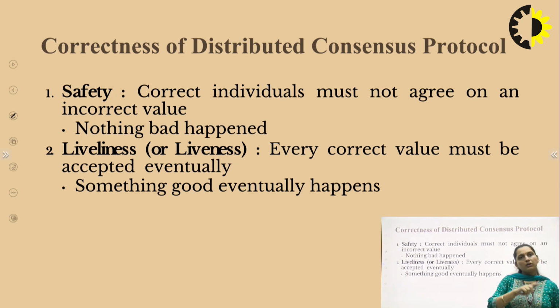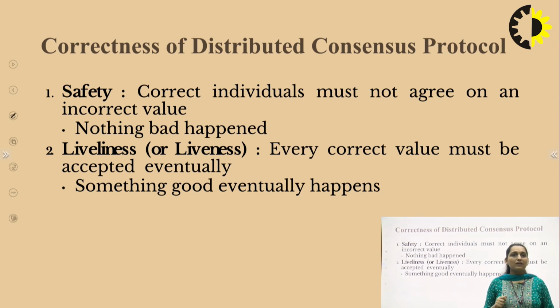In a distributed or decentralized architecture, we do not agree on incorrect information. If we do not have the majority, we will not arrive at an incorrect result. We have to give a correct result in a distributed setting, and that is called safety.